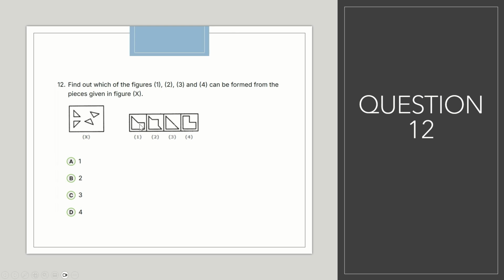But to have this complete picture using these triangles, we'll need 5 triangles, 5 pieces. So option 1 is out. Figure 1 is out.